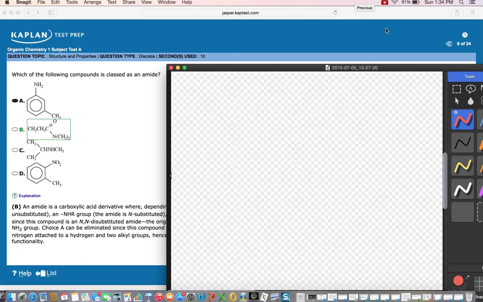Okay, next question. Which of the following is an amide? Remember, an amide, as we saw in a previous question, has an R group and a carbonyl, so C double bond O, and then a C single bond N. Now, the N is going to be bonded to two other things.